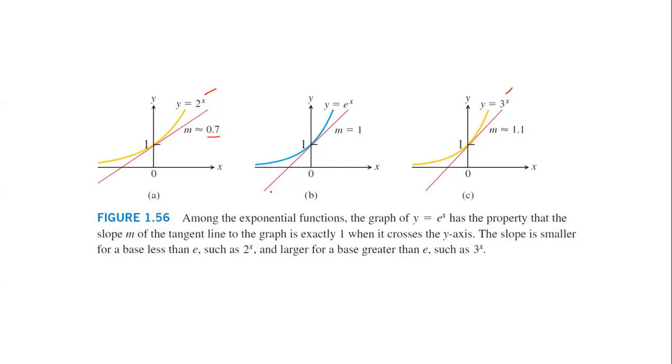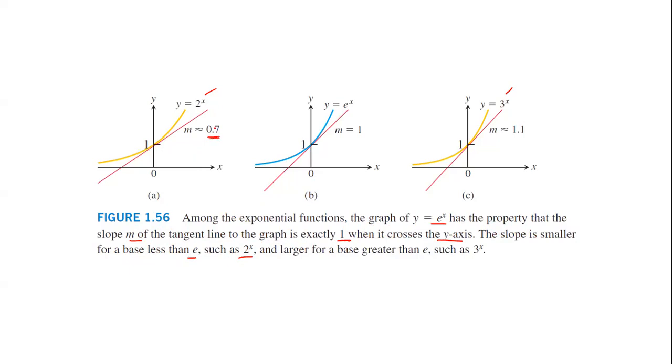So the conclusion here is, among the exponential functions, the graph of y equal to e to the x has the property that the slope m of the tangent line to the graph is exactly 1 where it crosses the y-axis. Okay, the slope is smaller for a base less than e, such as 2 to the power x.